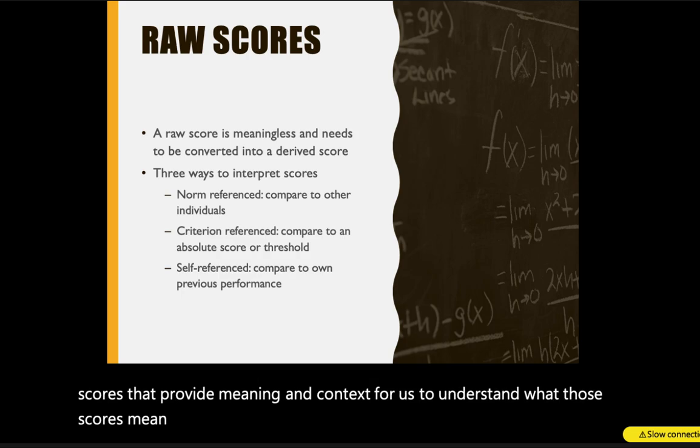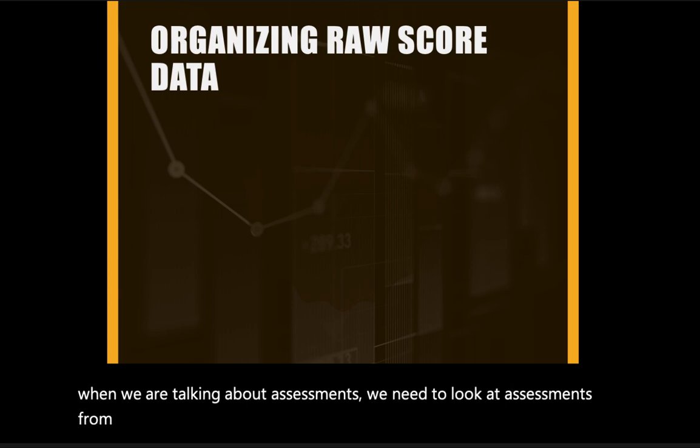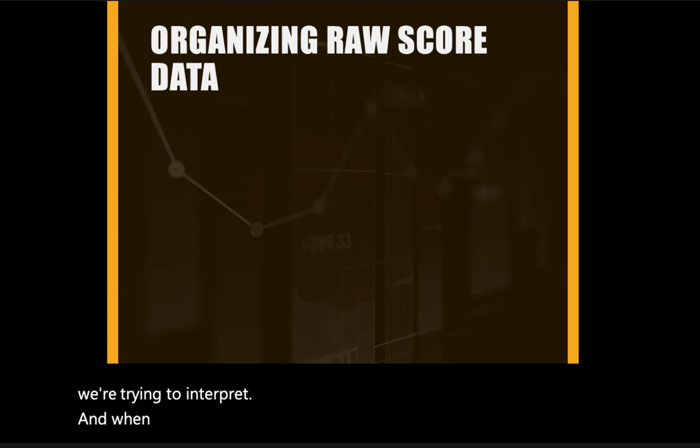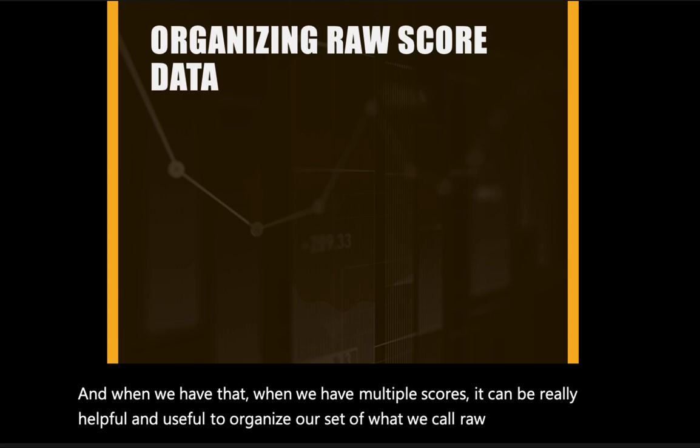But that's just focusing on us as individuals. Oftentimes, when we are talking about assessments, we need to look at assessments from a much broader perspective. Like maybe we have multiple scores that we're trying to interpret. And when we have multiple scores, it can be really helpful and useful to organize our set of what we call raw scores graphically.